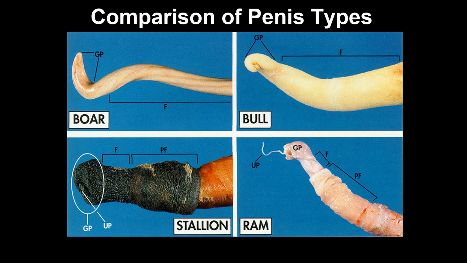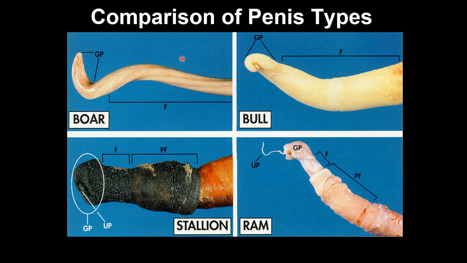This diagram shows the comparison of the penis types of domestic animals, the actual picture, and as shown in the textbook. It is important to note that this picture is not shown to scale, because the stallion, of course, has a relatively large glans penis as compared to, for example, the boar and the ram.